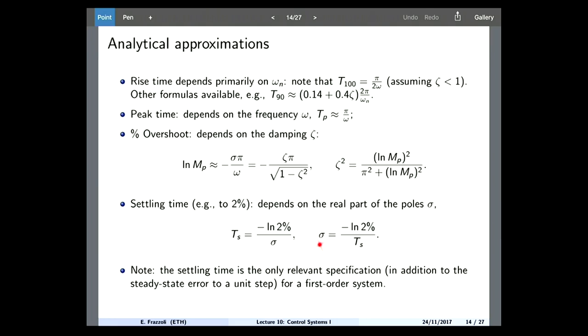And this is how you compute the settling time. So settling time is given by this logarithm over sigma, and you can also compute the sigma that you need based on the settling time. Clearly, if you have a first-order system, it will have no peak; the only relevant measure is the settling time, sigma. Okay?